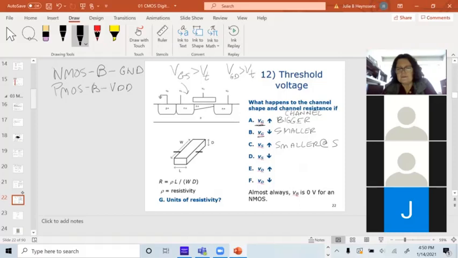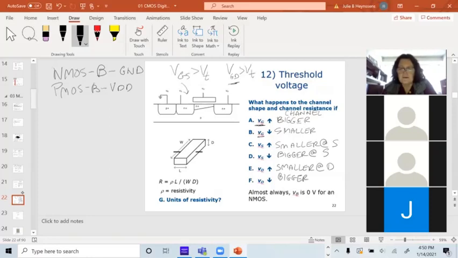And if I decrease it, it'll get bigger. The drain voltage, now I'm looking at VGD. If I increase the drain voltage, VGD is going to go down, and that means I'm going to get a smaller channel at the drain. And this will be a bigger channel at the drain.